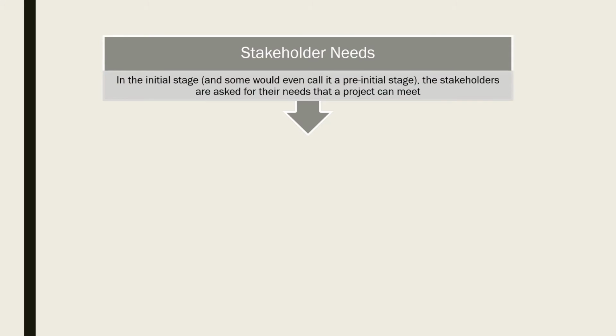So there are stakeholder needs, right? So in the initial stages, and some would even call it a pre-initial stage, the stakeholders are asked for their needs that a project can meet. You need to understand that this could be something which might seem as an activity which is out of the scope of a project manager, right?